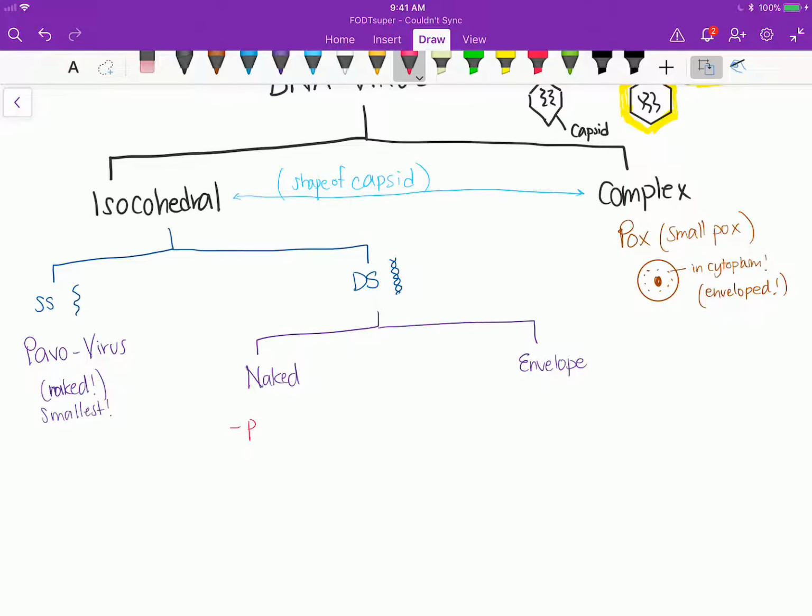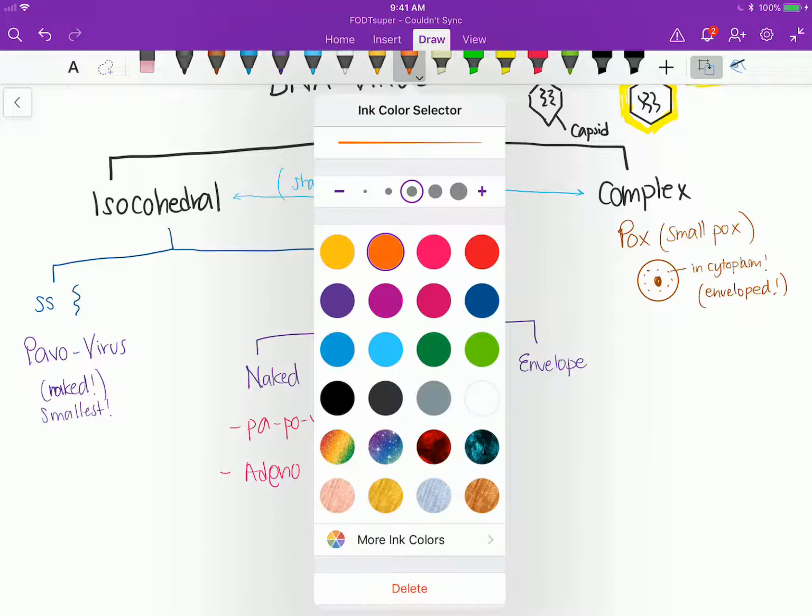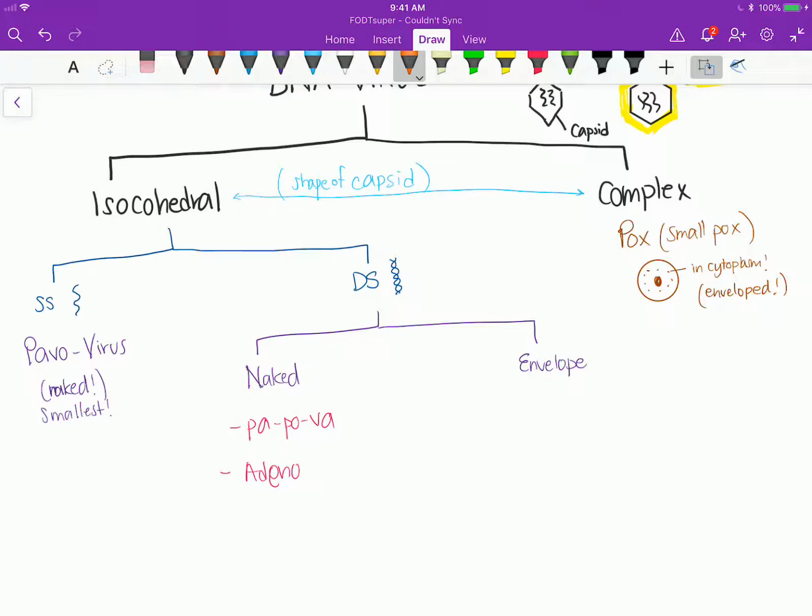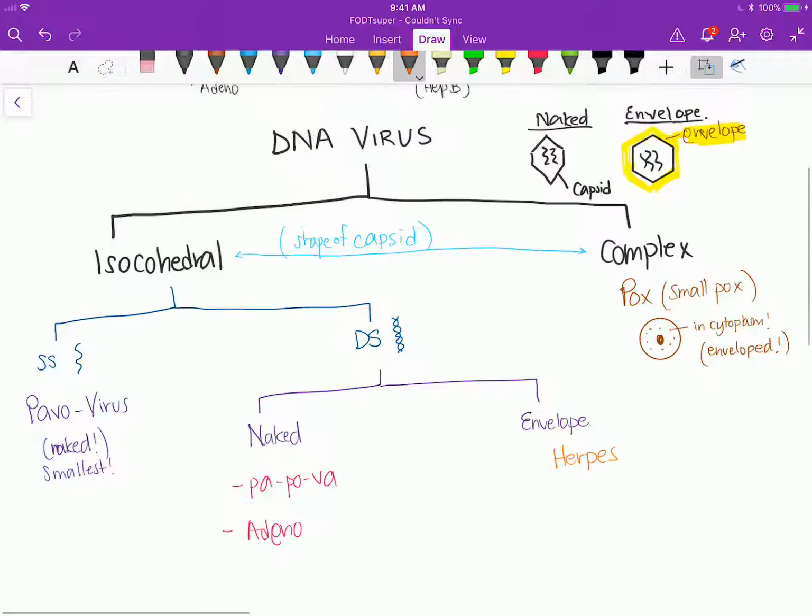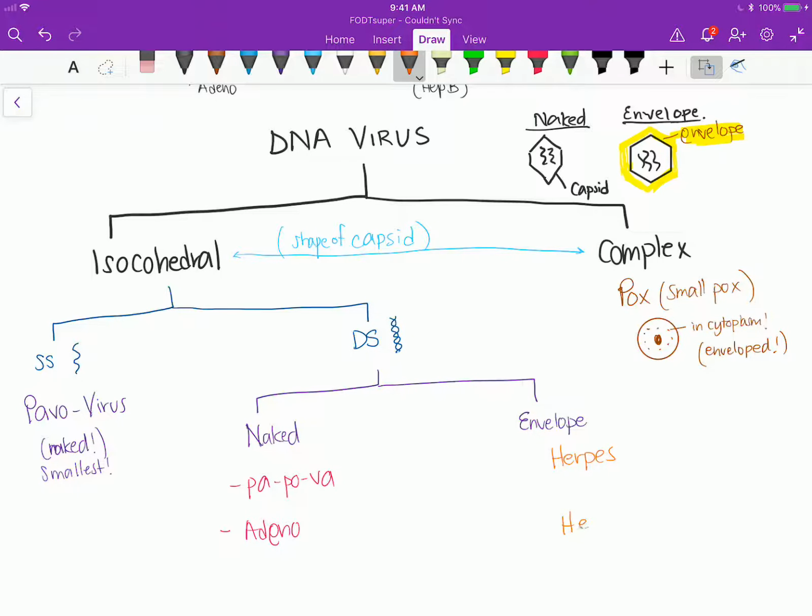These are the papovirus, and also the adenovirus. The viruses that are enveloped are going to be your herpes virus and also your hepatitis.